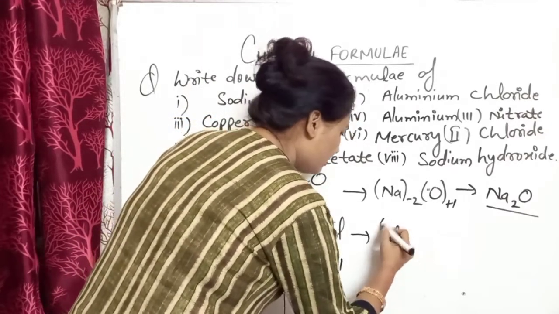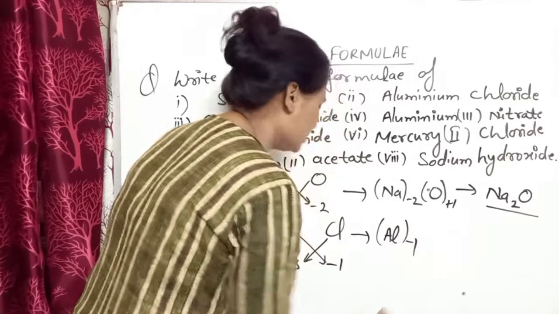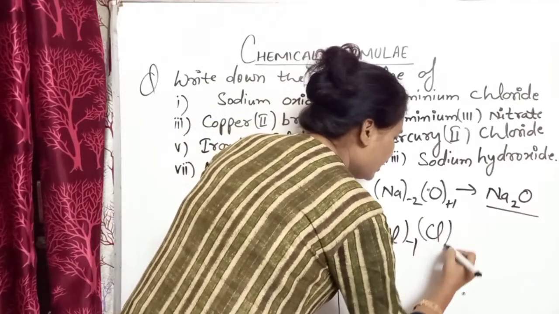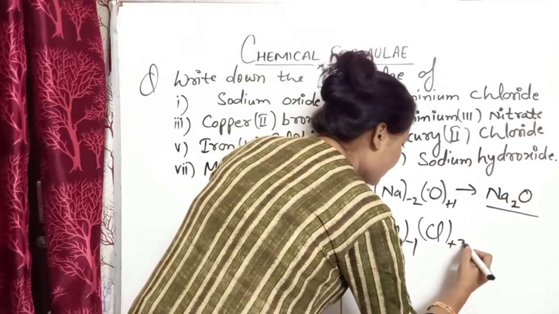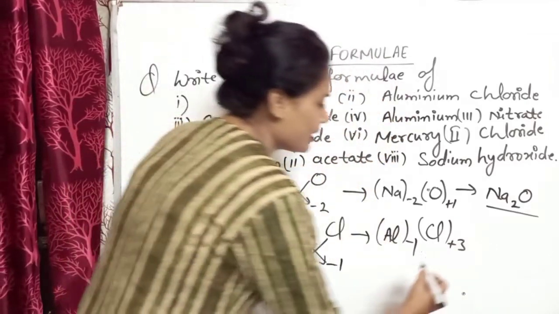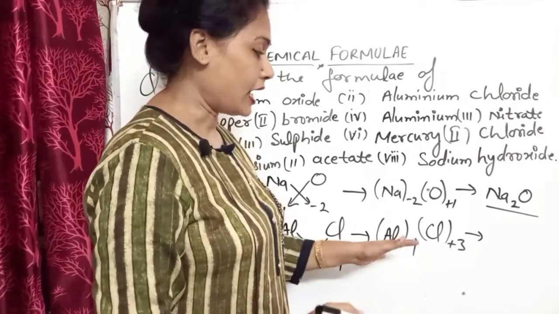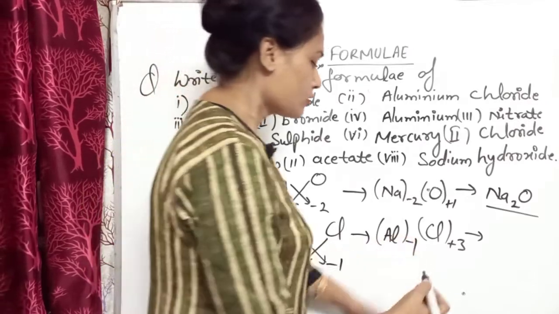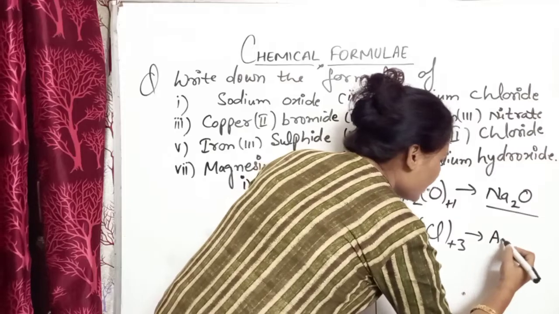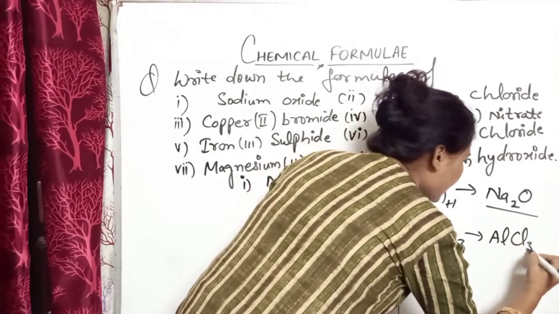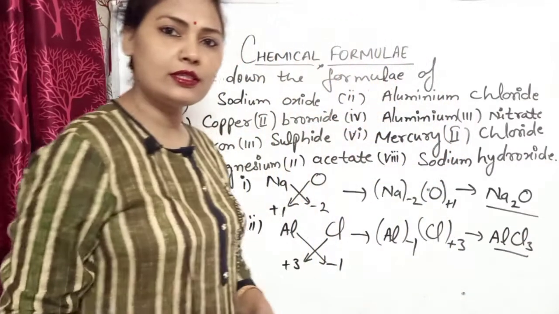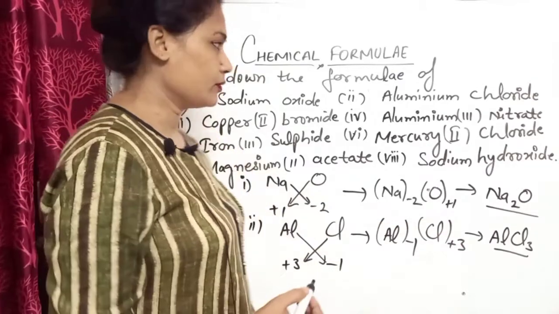Like aluminium you can write -1 and chlorine you can write +3. After that what you will do? If 1 is there, then ignore it and drop the bracket. So drop the bracket and the formula becomes AlCl3. So this is the formula of aluminium chloride.